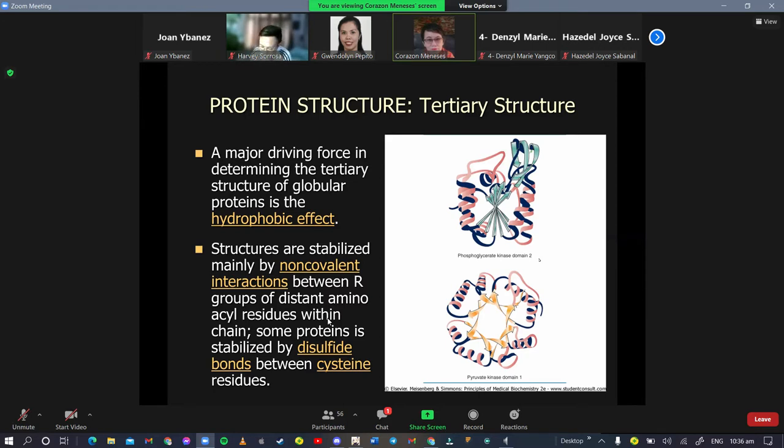This is because of the hydrophobic effect of the phospholipid, wherein, if you look at the structure of the cell membrane, the two tails are connected to each other. So this is the hydrophobic effect. So the driving force that will make it globular is the presence of the hydrophobic amino acids coming together through an interaction.